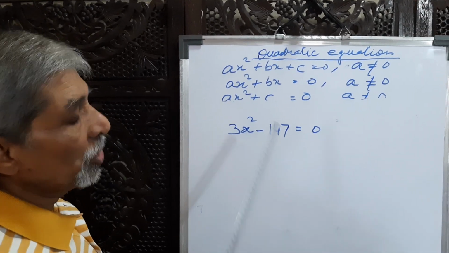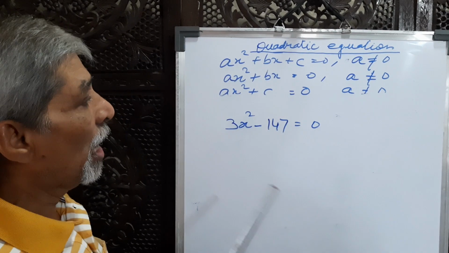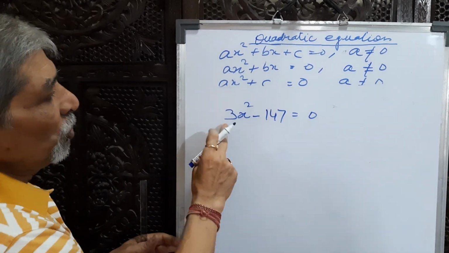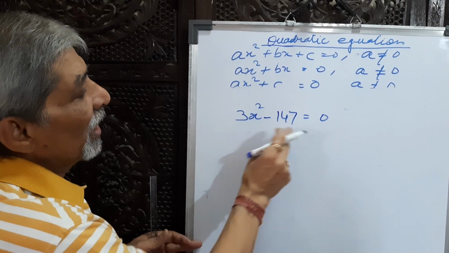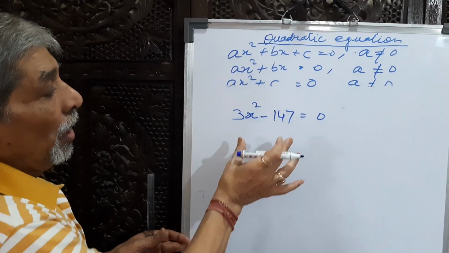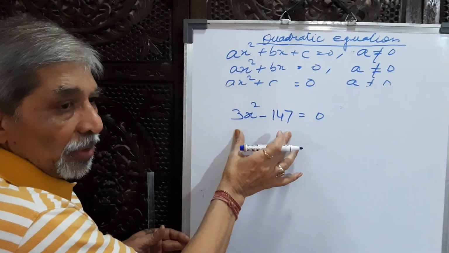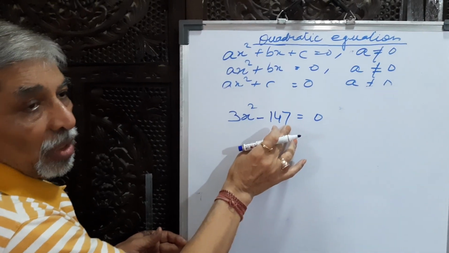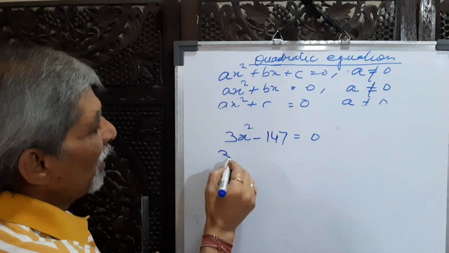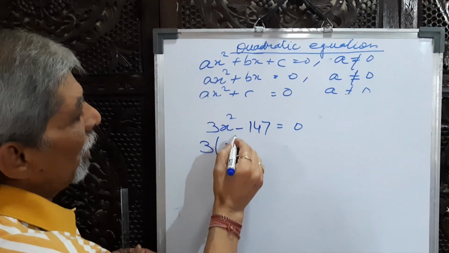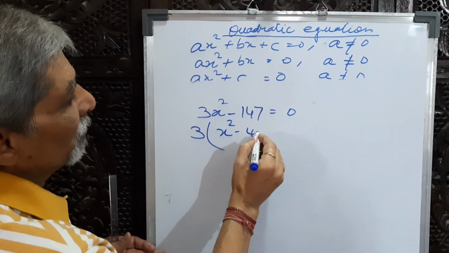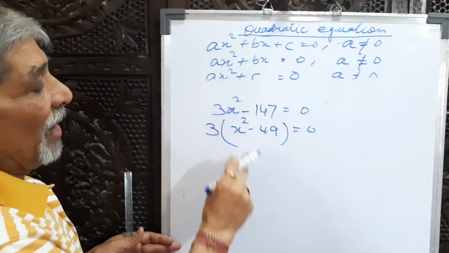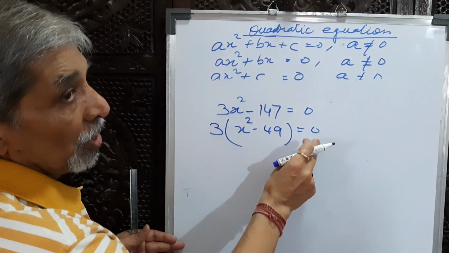So when you want to solve this, first you check if there is anything common in both the terms, and here we find 3 is common in both the terms. If I take 3 common, this is x squared minus 49 is equal to 0.